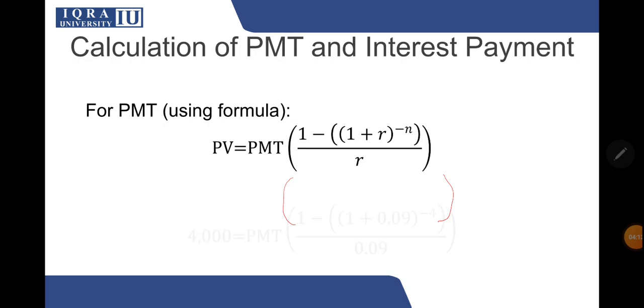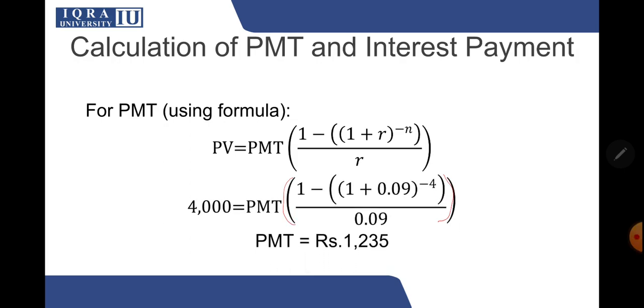Instead of telling you the answer straight away, if you solve this bracket over here, it comes to 3.239719877.